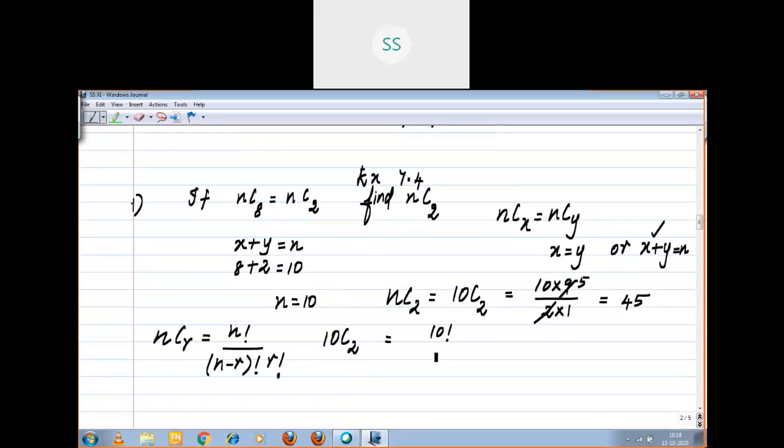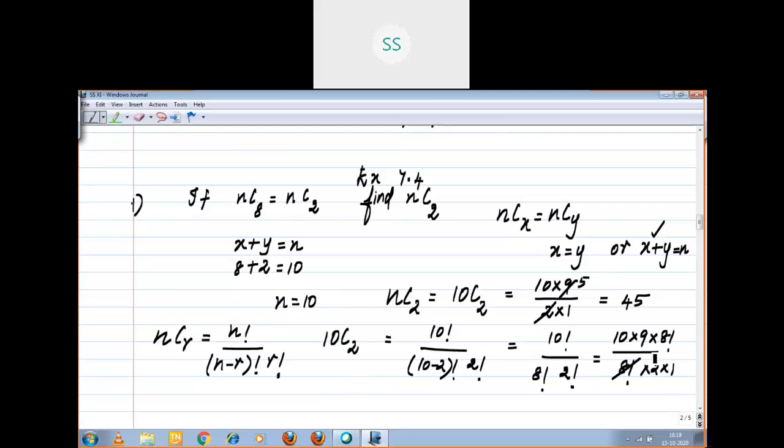Then 10 factorial divided by (10 minus 2) factorial into 2 factorial, which is 10 factorial over 8 factorial into 2 factorial, 10 into 9 into 8 factorial divided by 8 factorial into 2 into 1, equal to, sorry, 10 into 5. Oh, sorry, children. One minute. How did I do the cancellation like this?